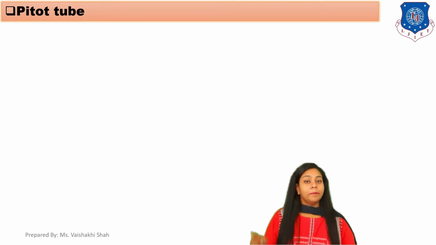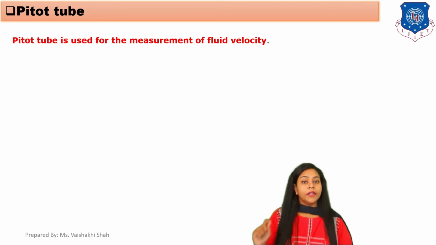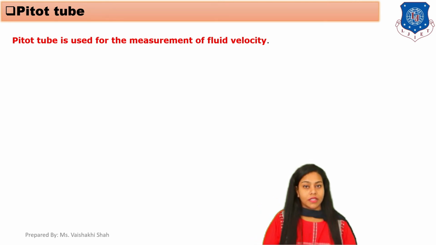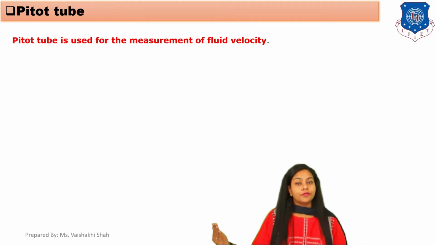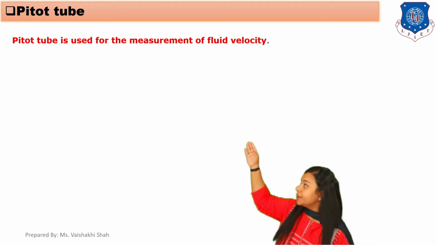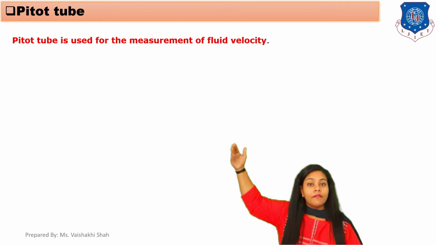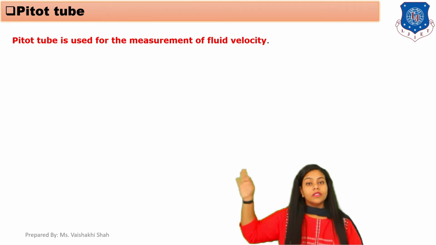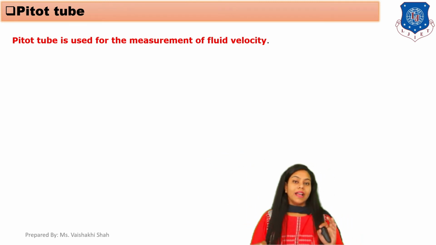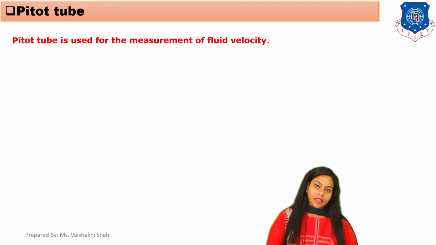But Pitot Tube is used to measure velocity of fluid. Remember, Venturimeter measures discharge and Pitot Tube measures velocity, but both are practical applications of Bernoulli's equation.